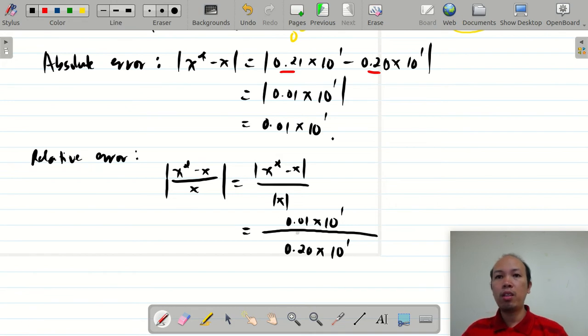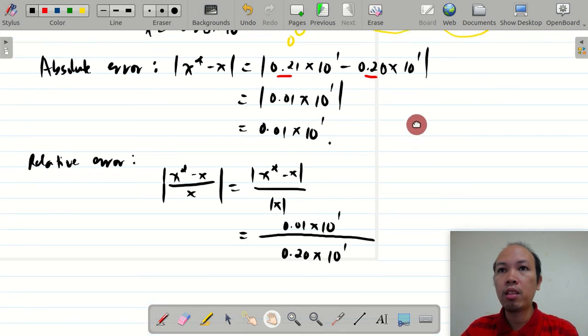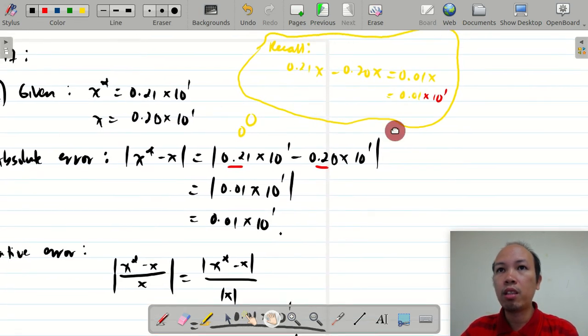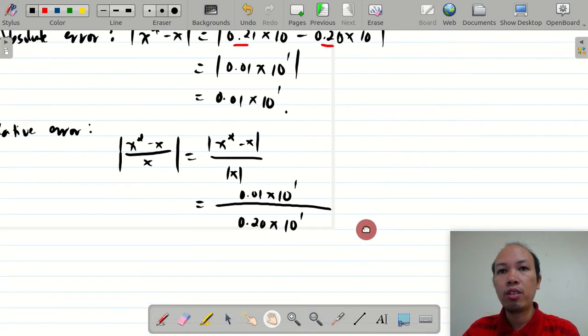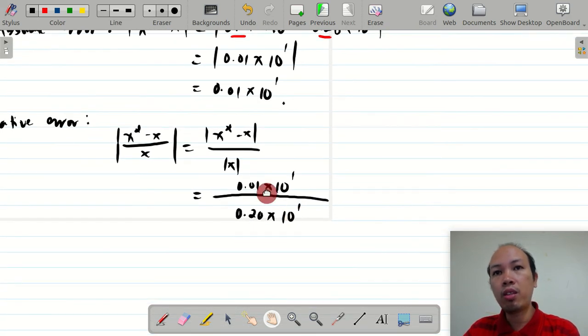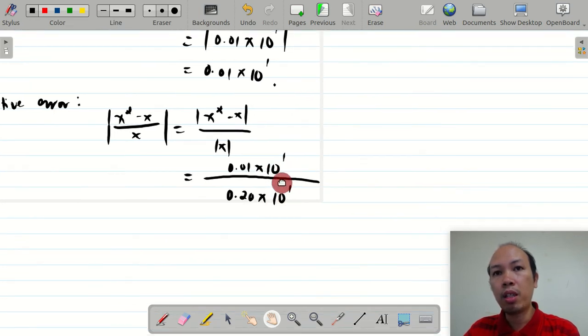So we know that the rule of multiplication is the same as in the division. Just imagine that this expression times 10 to the 1 is just a variable. So what you will do here is just to copy.